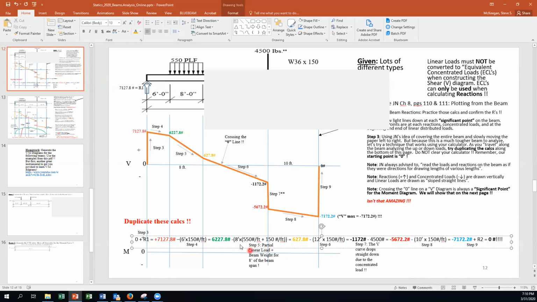That value right there will be subtracted from the previous shear value and gives you a new value of 627.8.